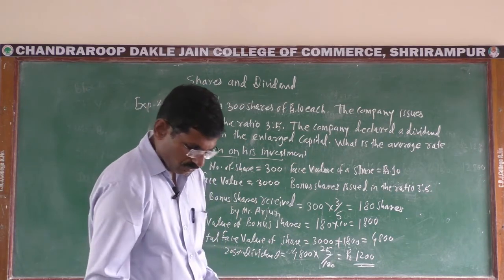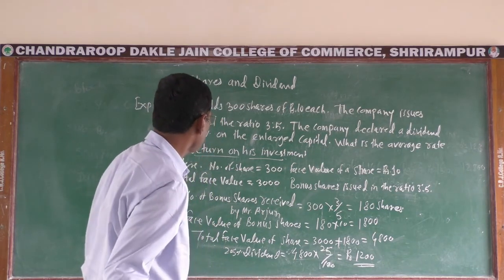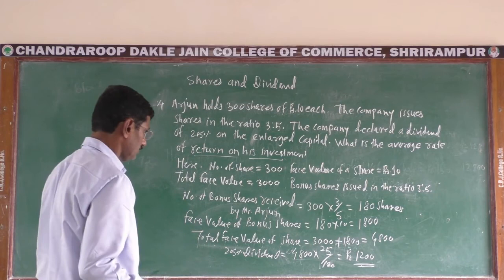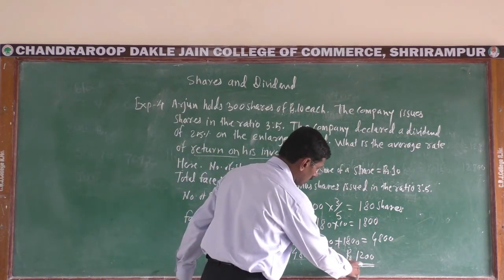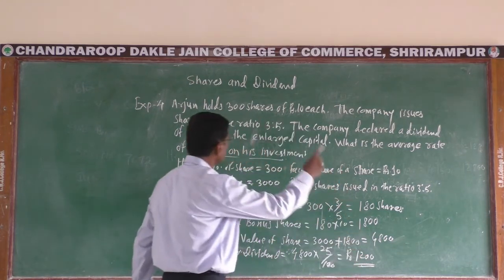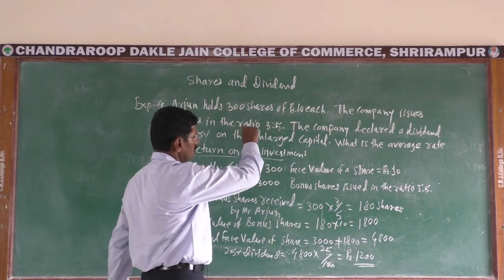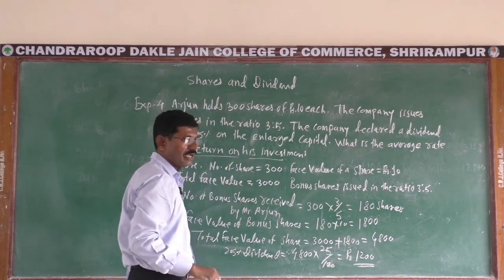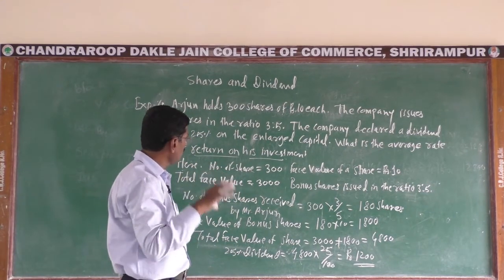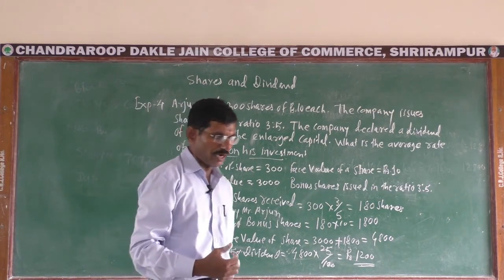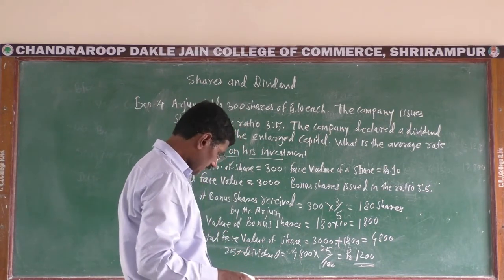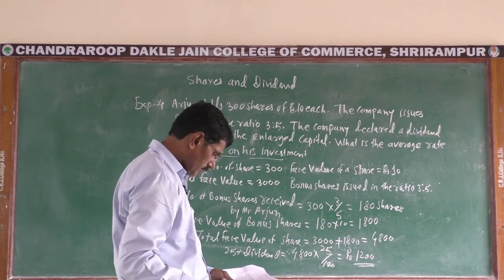Then we have to obtain percentage rate of return. It means Arjun received rupees 1200 and he invests rupees 3000, 300 shares of rupees 10 each. How much he invests and how much he earns? Therefore, we have to find a rate of return, that is for every 100.